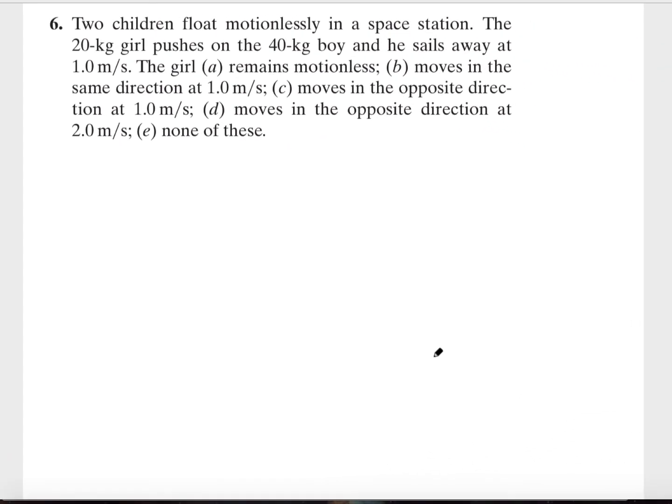So that we don't leave anything out, I also wanted to talk about our one discussion question. In this case, it was a multiple choice question, where two children float motionlessly in a space station. There's a 20 kilogram girl pushing on a 40 kilogram boy, and he sails away at 1 meter per second. So what happens? Well, here's the girl, and here's the boy.